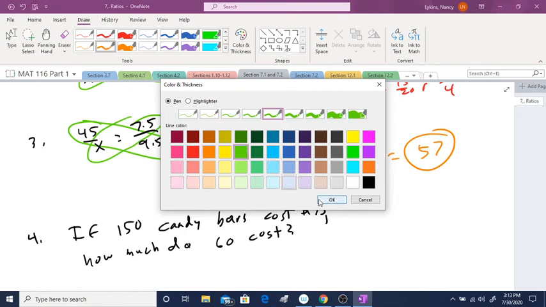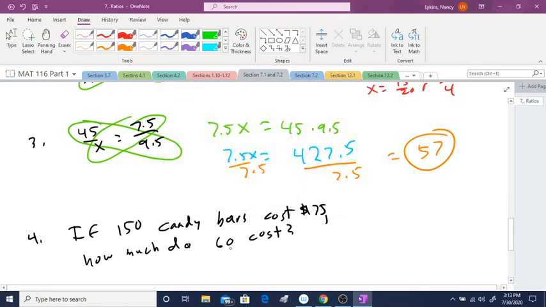So what I want to do is take 150 candy bars over $75 equals, okay, where does that 60 go, top or bottom? Well, the 60 means candy bars. So that means the 60 goes on top with the 150, and x can go on the bottom.